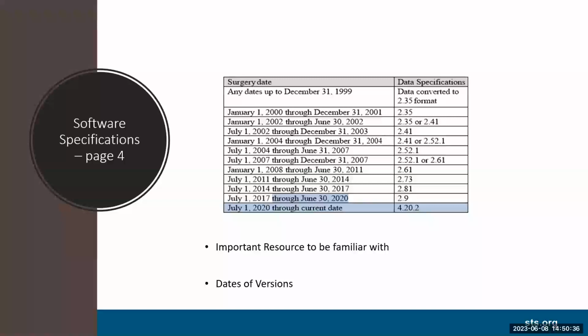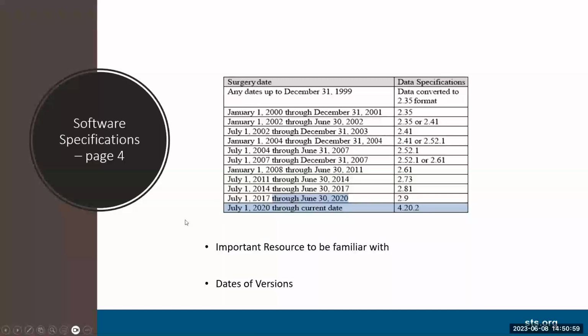Page 4 is really important because it has the dates of all the versions. You can see that version 4.2 started July 1st, 2020, and it's the current version for the current date. But you can see when 2.9 started and stopped, when 2.8 started and stopped.